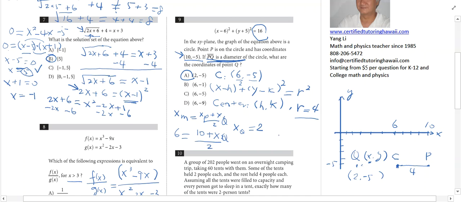Or you can go like this: y midpoint equals (yP + yQ) / 2. yP is −5 and yQ we don't know, so (−5 + yQ) / 2 equals the y midpoint, which is −5.